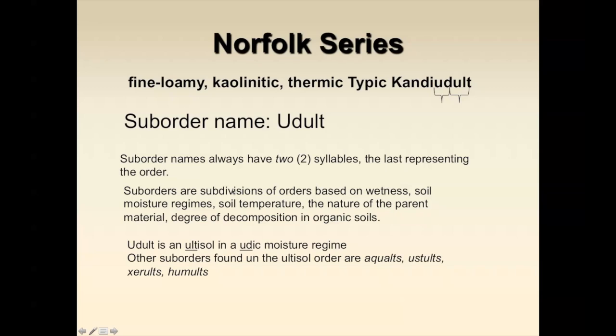It's the wetness of the soils. So suborders are subdivisions of orders that are based on wetness, soil moisture regimes, soil temperatures, the nature of the parent material, possibly, or the degree of organic decomposition in those organic soils. So the udalt is an alfisol in the udic moisture regime.